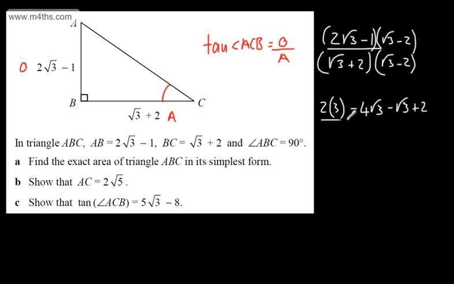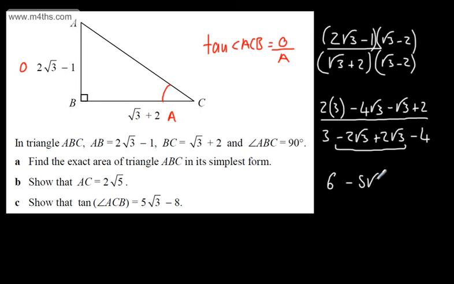That now will be over the denominator, and we've got a denominator, root 3 times by root 3 is going to give me 3. Then we'll have minus 2 root 3, we will have plus the 2 root 3, and finally we will have now minus 4. So minus 4. We know that these are going to cancel. We've seen this time and time again. So in the numerator, we're going to have 6, and I'll just write this out step by step. 6 minus 5 root 3 plus the 2, and in the denominator, we're going to have minus 1.